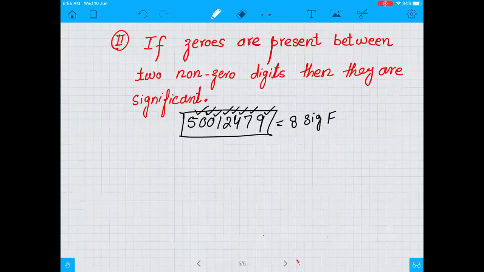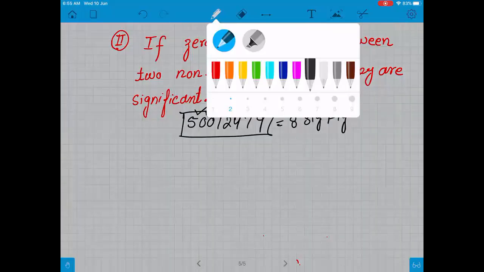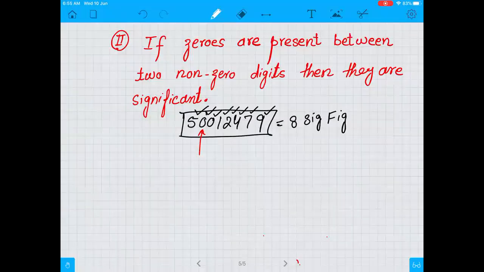Now here these two zeros are significant because they are between two non-zero digits. They are given by the instrument, and even after the conversion of unit, they will not be eliminated. Now these zeros are significant.